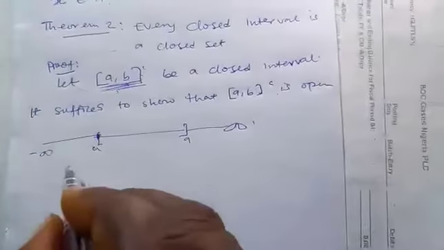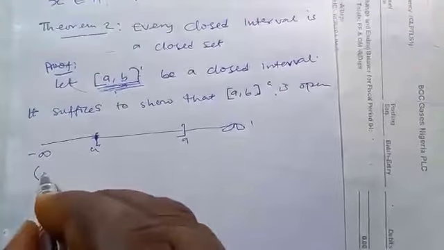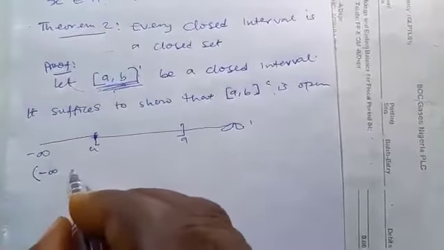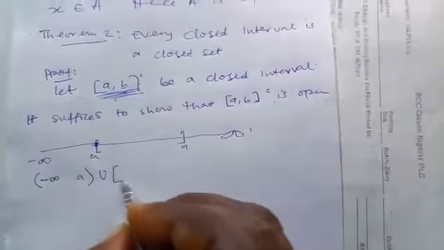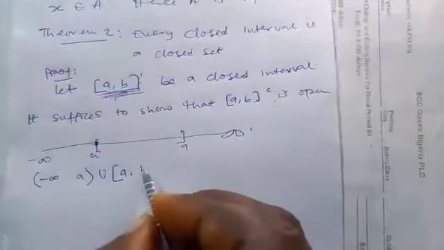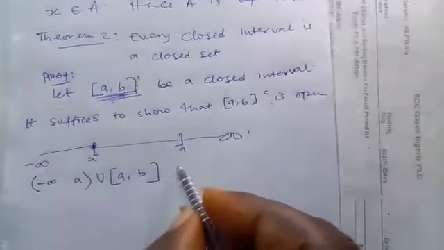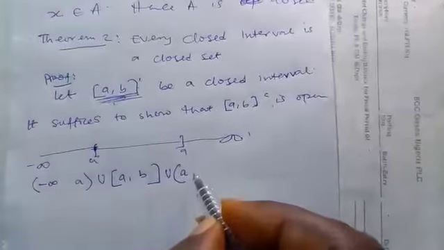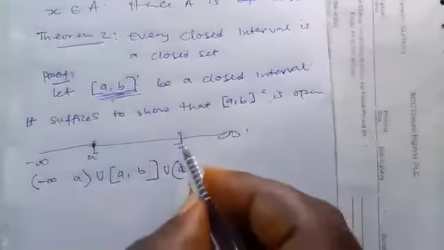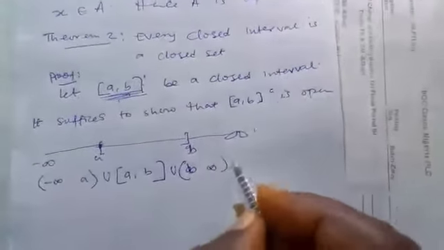So this can be written as minus infinity to A, an open interval, union A to B, union B to infinity.